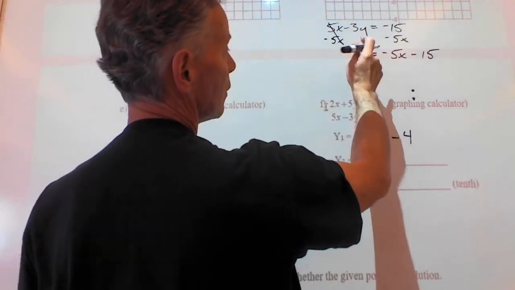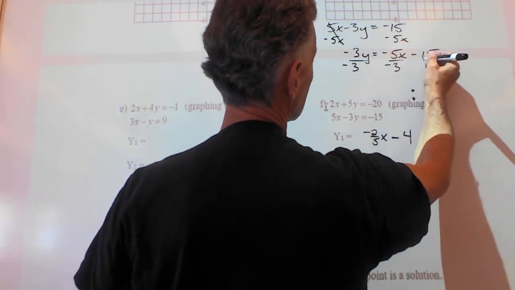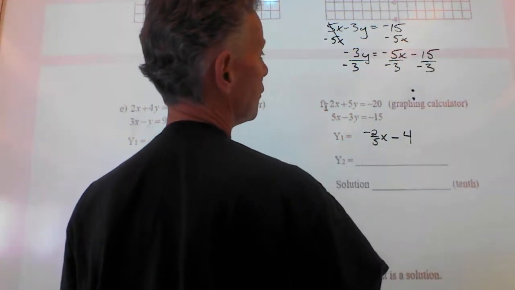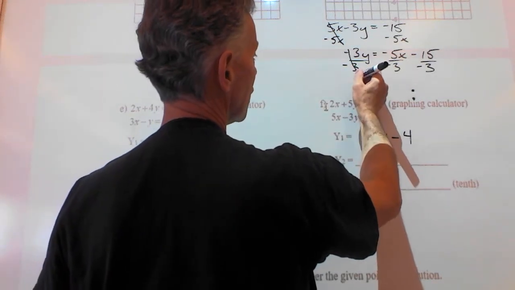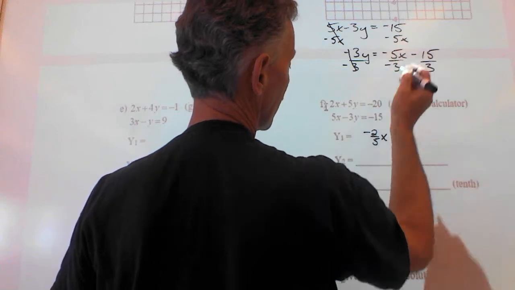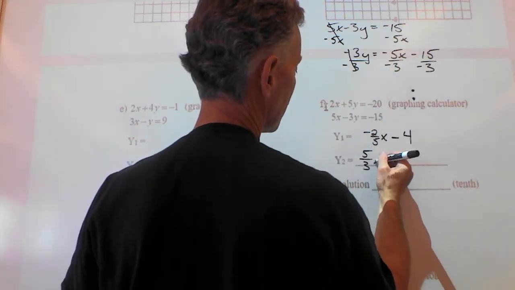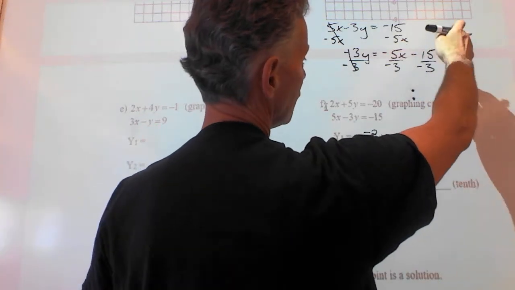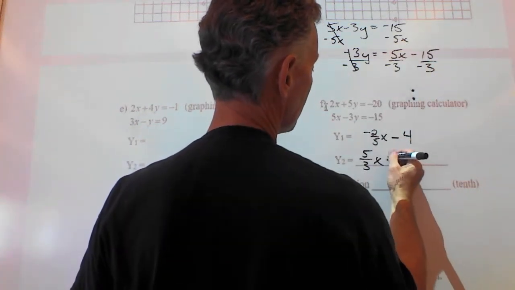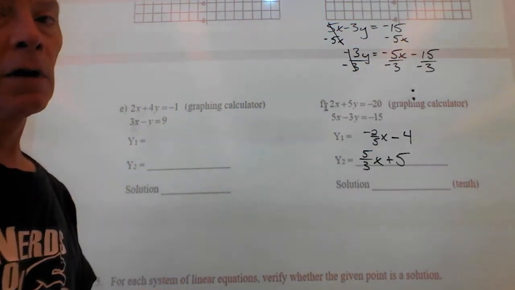And then to isolate y, we need to divide every term by negative 3, leaving us with y equals negative 5 divided by negative 3 will give us a positive fraction, 5/3 x. Negative 15 divided by negative 3 will give us a positive y-intercept, plus 5.